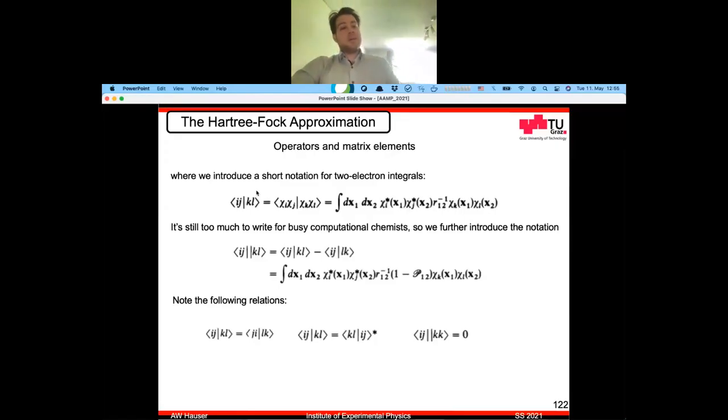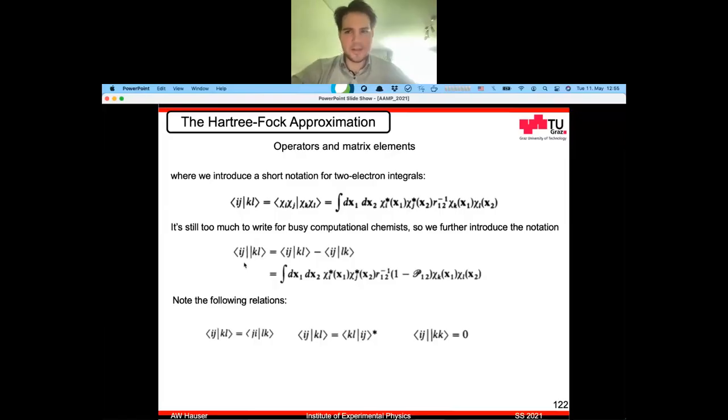As if this wasn't already abbreviated enough, there's another shorthand notation that you might find in articles or in books on electronic structure theory, because exchange and Coulomb terms always appear together due to the fact that this is how we built our antisymmetric wave function. If we multiply this out, we always have these direct terms and the cross terms, right? So it is a convention to compile these two things, the Coulomb integrals and the exchange integrals, into this double bar notation here.